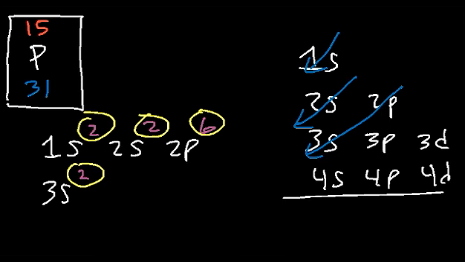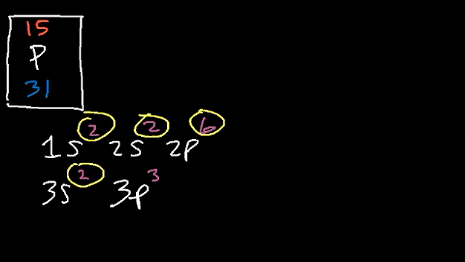So to get to 15, we need 3 more. After 3s, we have the 3p sublevel. 3p can go up to 6, but we're going to stop at 3. So we can get a total of 15. So this is the electron configuration for phosphorus. That's how you can write it. But now, how would you write the orbital diagram for phosphorus?